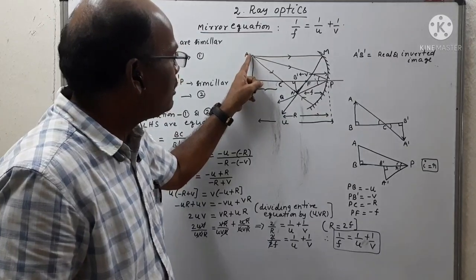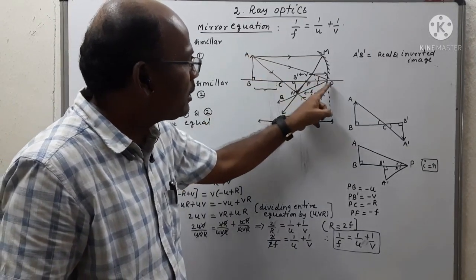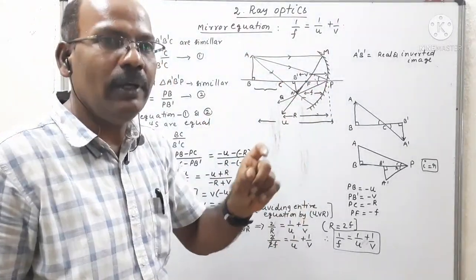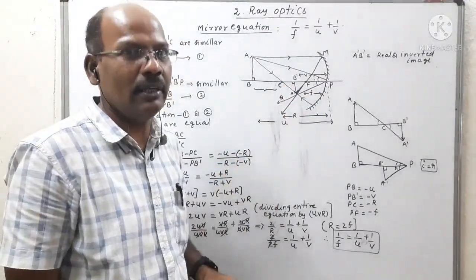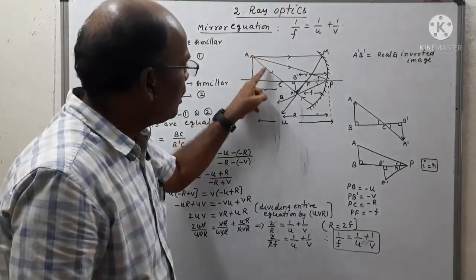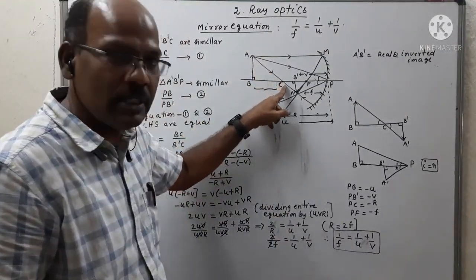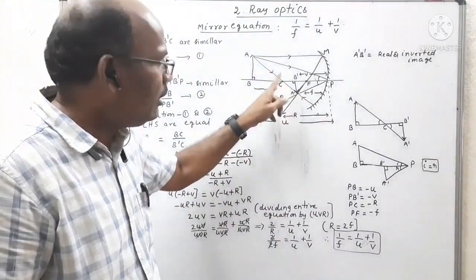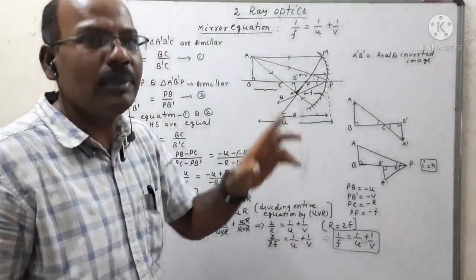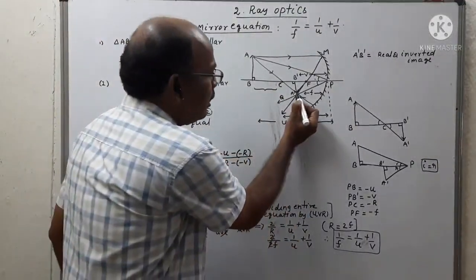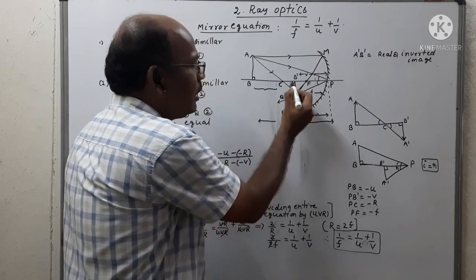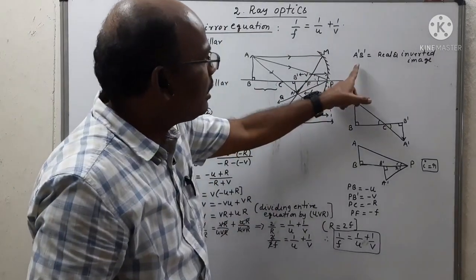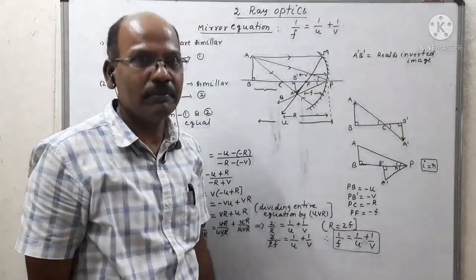And the second ray is taken as the ray which strikes at the pole obliquely, reflected with same angle of reflection. And the third ray is which is passing through center of curvature, it retraces the path in the same direction. So the 3 rays are intersecting at this point, which forms a real and inverted image A dash B dash.